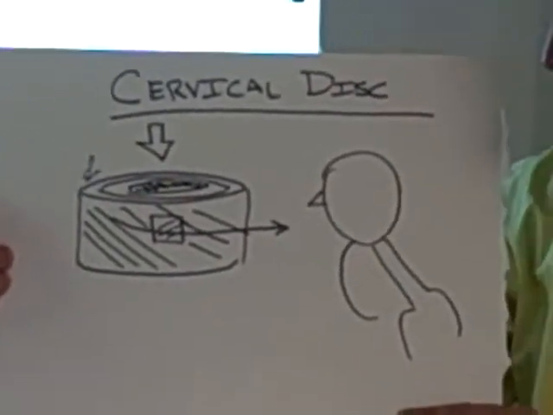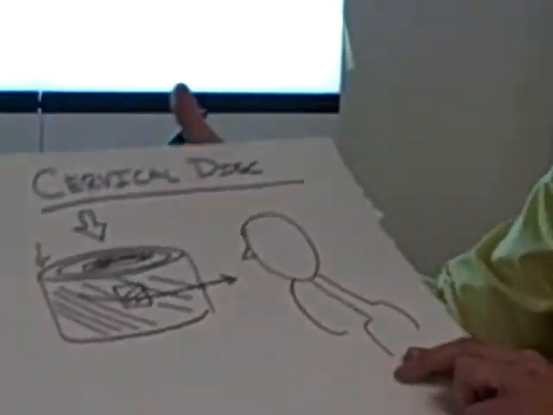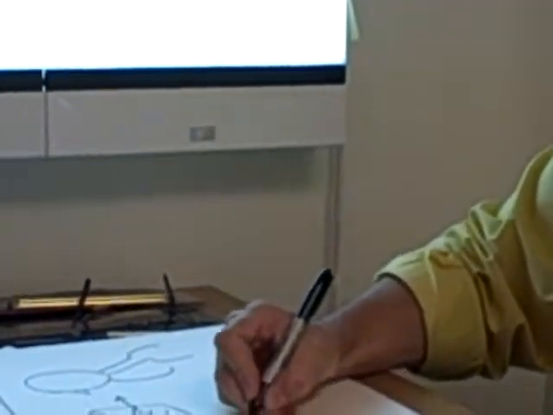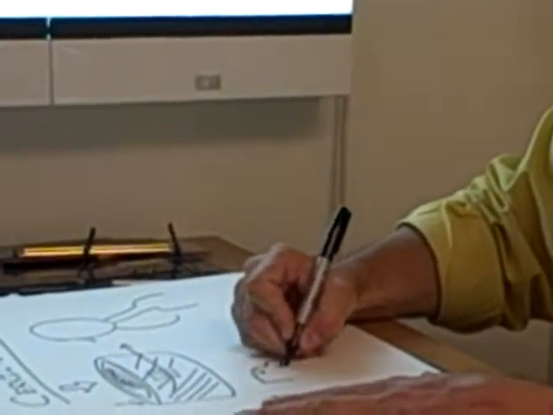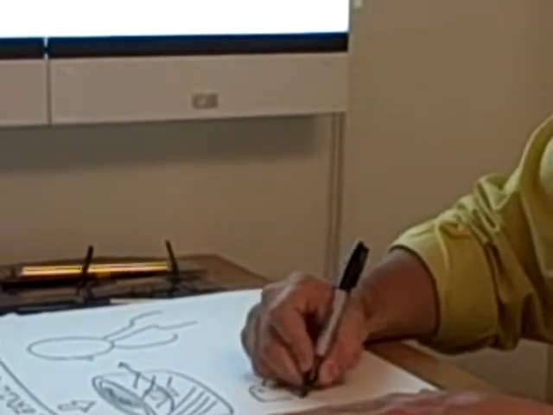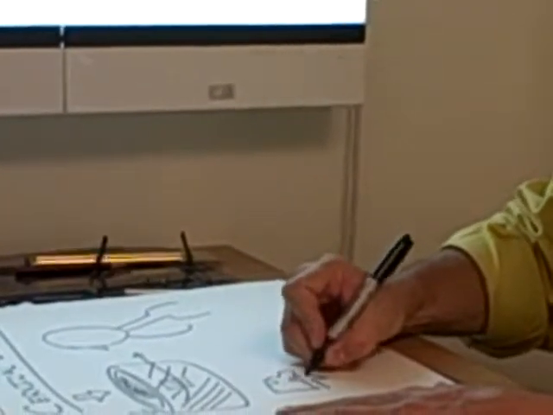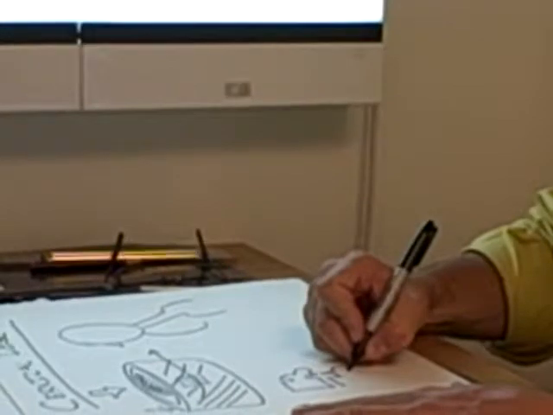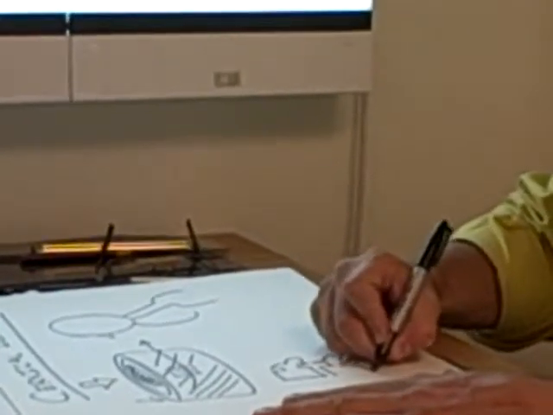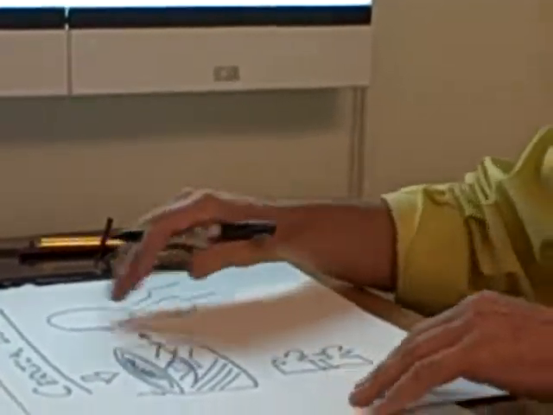Now the important part of this, and we need to realize, is that with the vertebra in the spine, which I will try and quickly draw for us here, the disc sits directly in front of the spinal nerve roots. You have to excuse my quick drawing here.